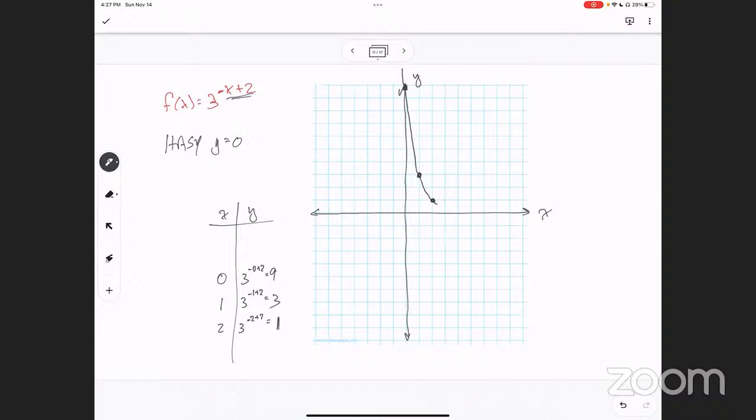That's really what's happening. So if I keep plugging bigger numbers in here, it's going to get closer and closer to 0 but never get to 0. Plugging in 4, it's going to be 1/9, etc.